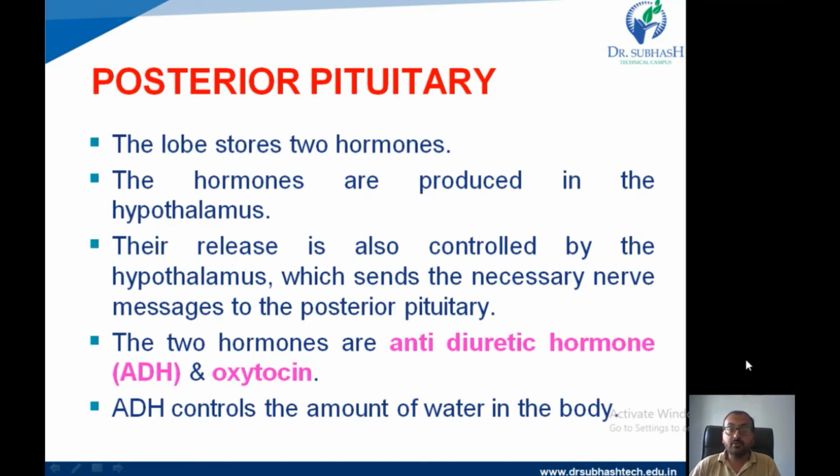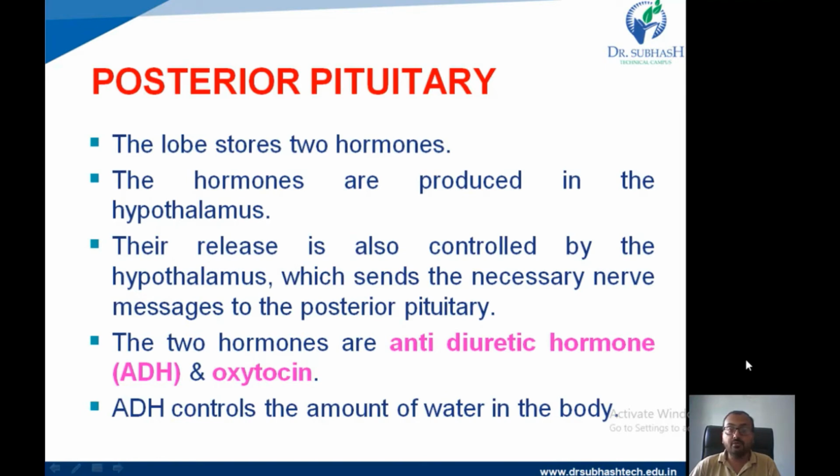The hormones are produced in the hypothalamus. Their release is also controlled by the hypothalamus, which sends the necessary nerve messages to the posterior pituitary gland. The two hormones are antidiuretic hormone, that is ADH, and oxytocin.